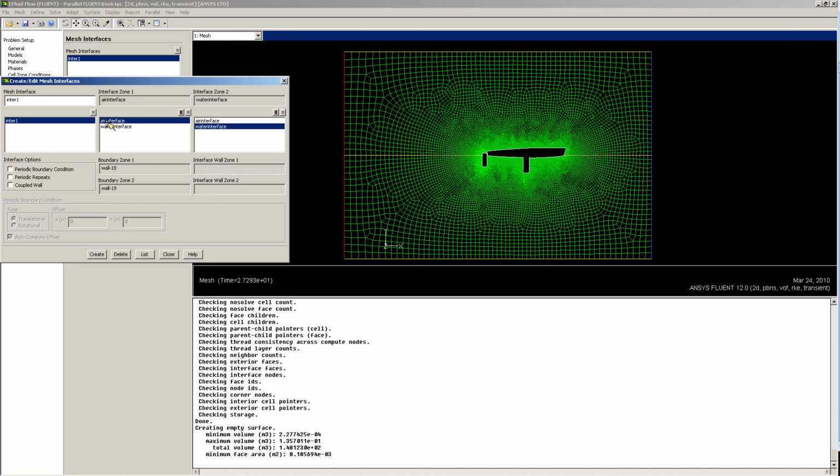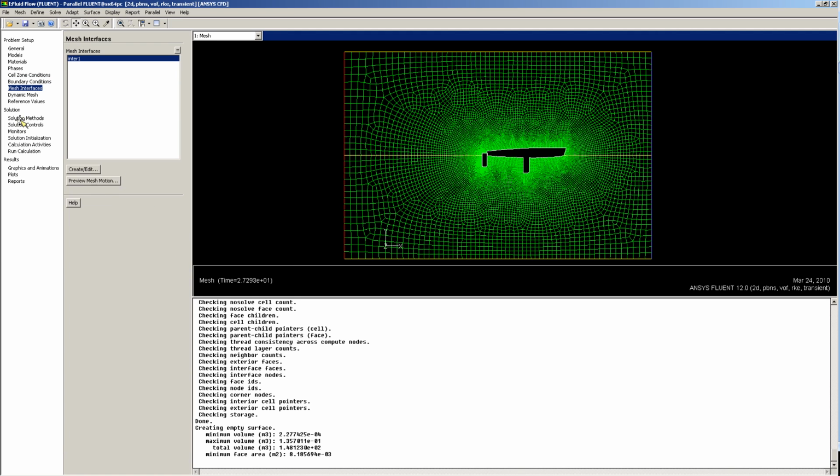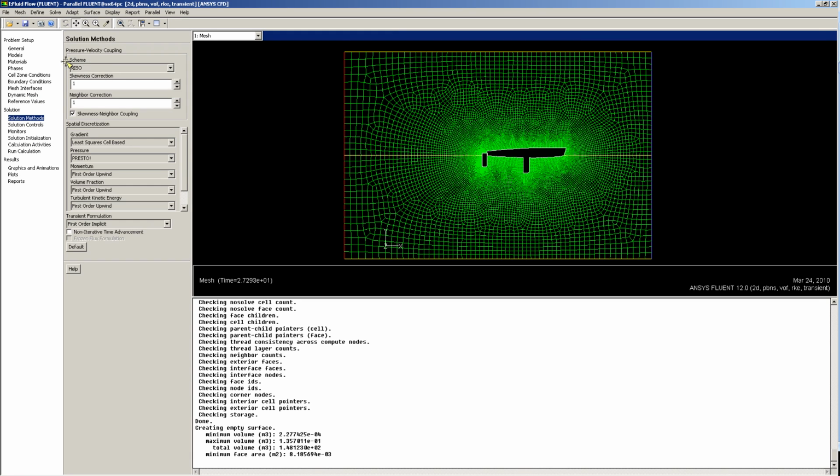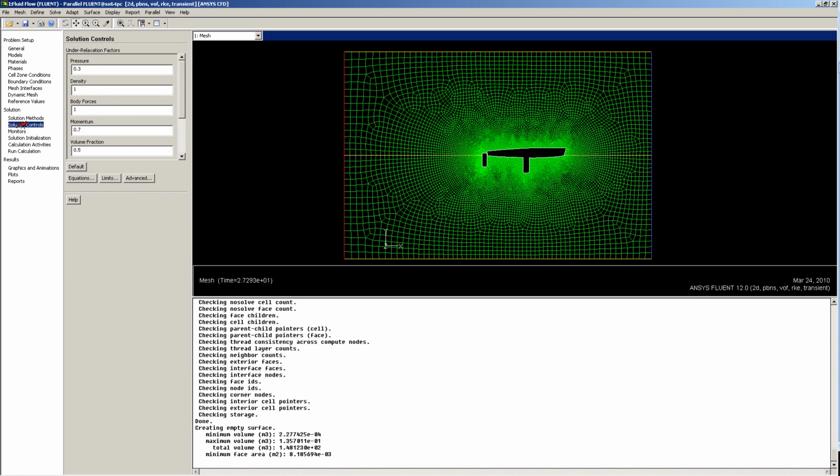So the air interface was linked to the water interface. And then the solution methods were set as they were set in the dam break tutorial, as were the solution controls. They were just set to the values that were advised in the dam break tutorial as well.